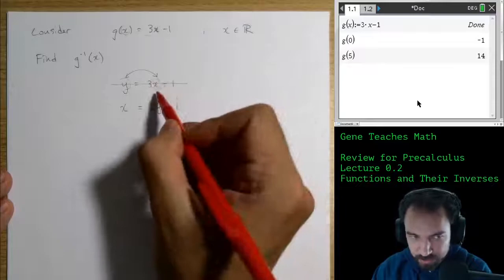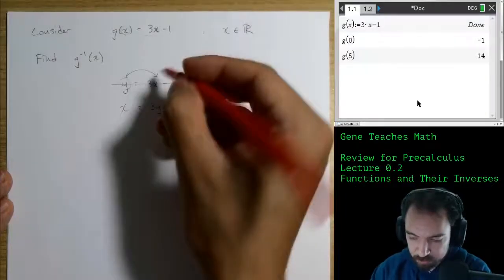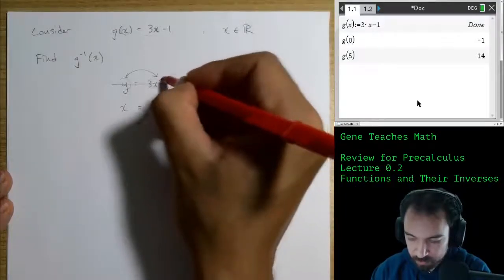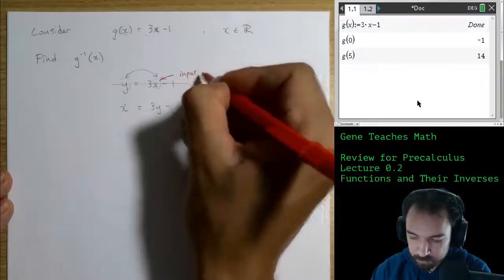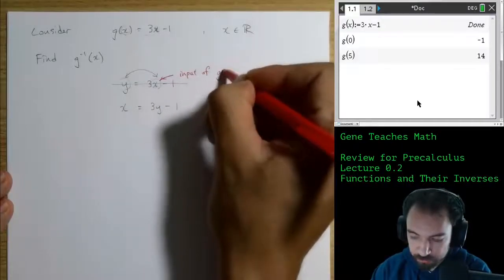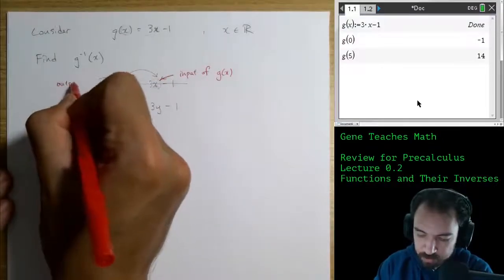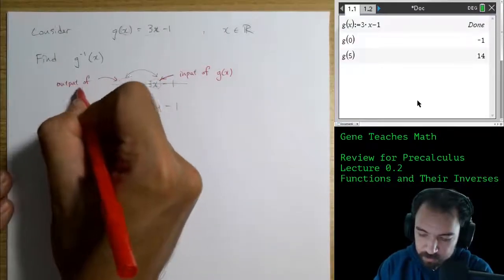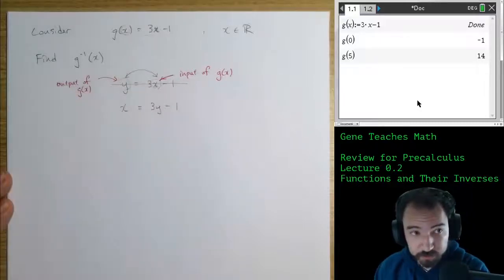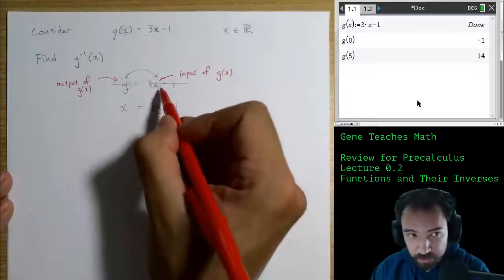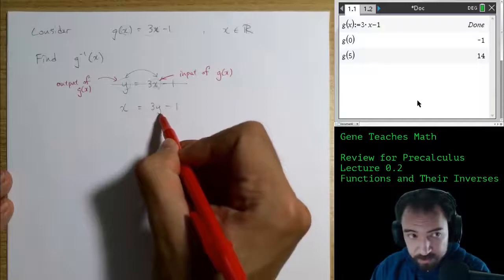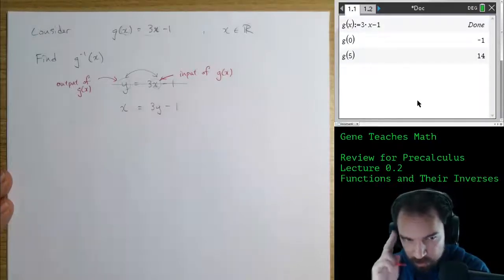So in this context, what I want to understand is, in the original, this x was the input of g, okay, and the y was the output of g, so the original function. But now down here, this letter y, because I usually think of y as output and x as input, right?